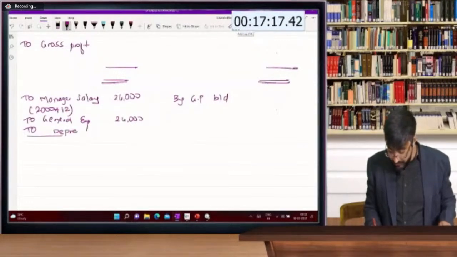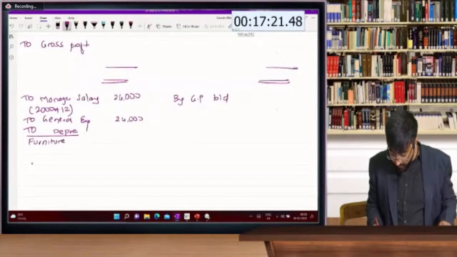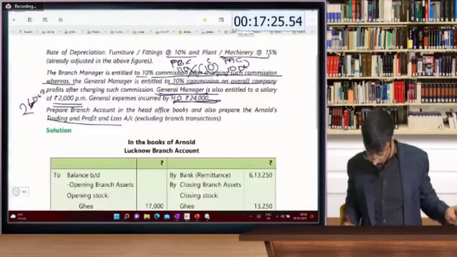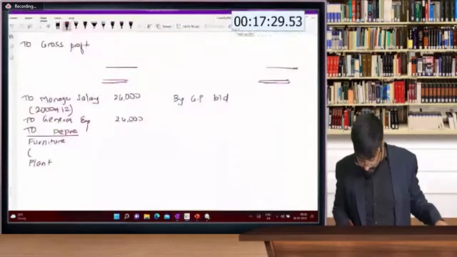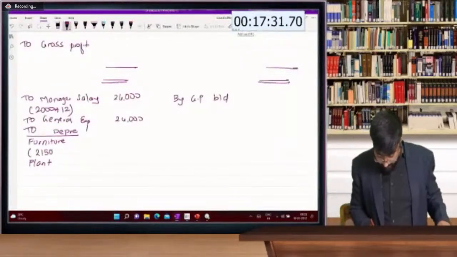To depreciation, furniture, plant. Furniture is not purchased during the year, 21,500 into 10%, 2,150.